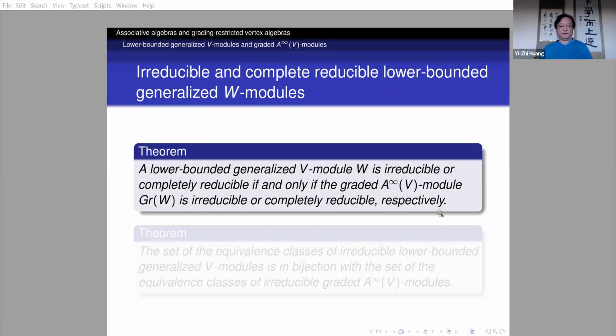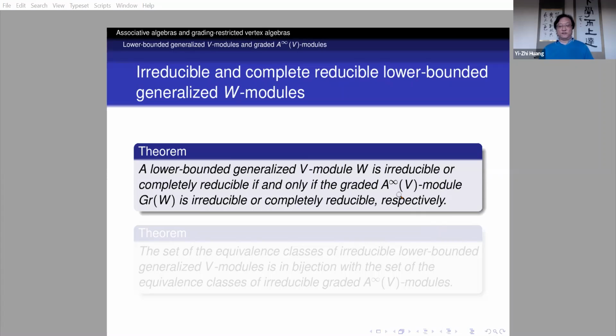Here I do not have any condition. There's no condition at all. That is, the associated graded space, whether it's irreducible or completely reducible, determines whether the original lower bounded generalized V-module W is irreducible or completely reducible.